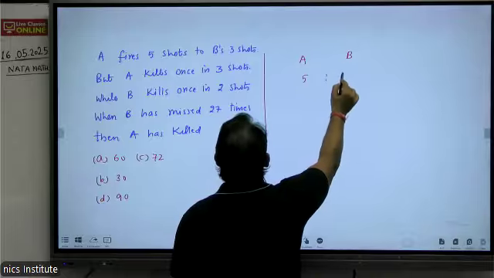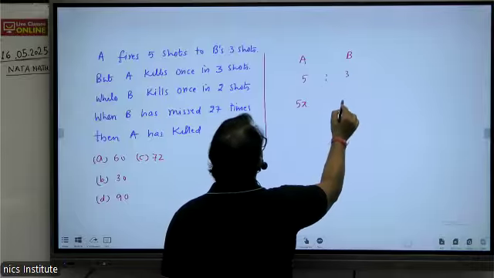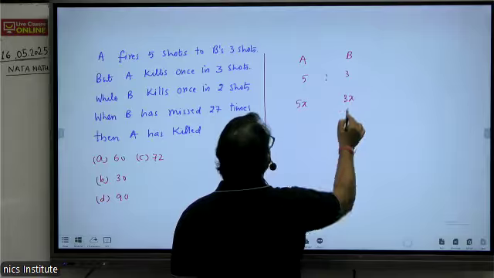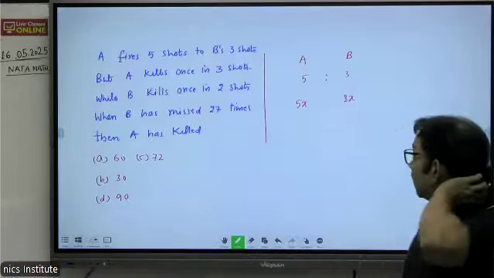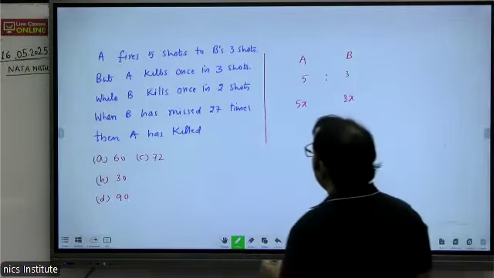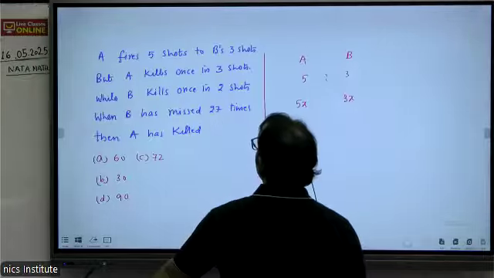So the proportion of shots is this. Suppose A is getting 5x number of chances, then B would be getting 3x shots, right? The ratio is 5:3. That means if A gets 5x chances to shoot, B will get 3x.